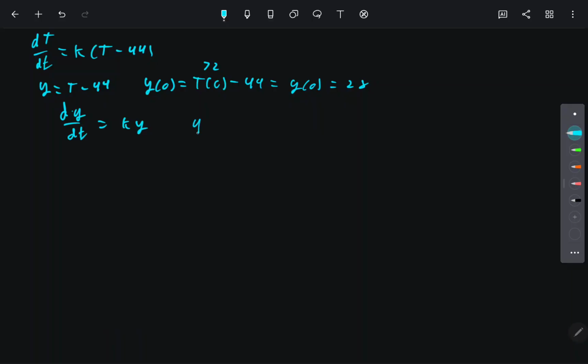And we know our y naught is equal to 28. Now let's get a function. So we have y of t is equal to y initial, which we know is 28, times e to the kt.